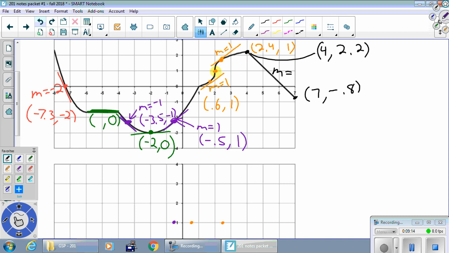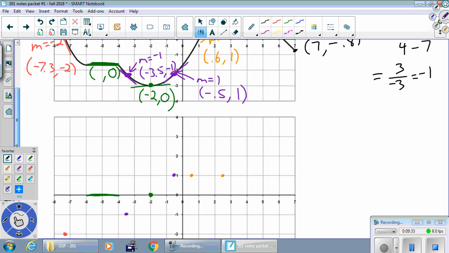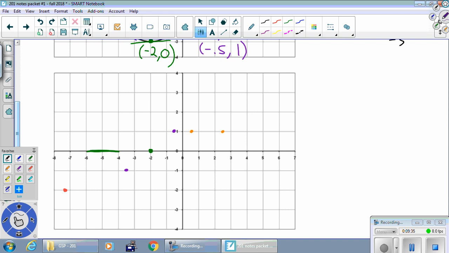And so then calculating slope of that, 2.2 minus -0.8 divided by 4 minus 7. So that's a 3 over -3, -1. So the slope is -1 everywhere between 4 and 7 on that whole line.